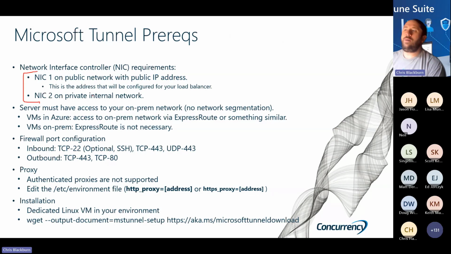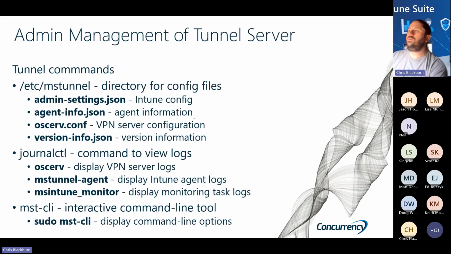So being able to have public and private network connectivity, being able to have access to some sort of visibility into your on-prem or cloud resources through Azure, or on-prem just directly to that network. You can or cannot, depending on what your infrastructure looks like, leverage ExpressRoute. Both are supported. We can see what's required from a firewall perspective. We can leverage proxies as long as they're not authenticated. And then the installation does require a dedicated Linux VM and a simple command to be able to do that deployment.